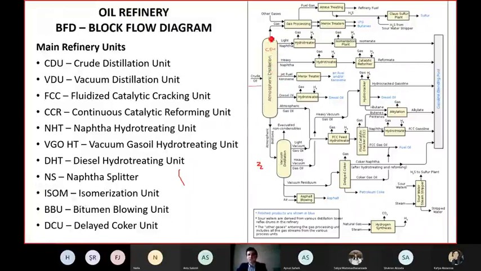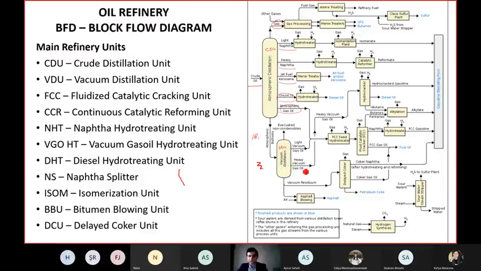And then from CDU, we produce the main products: gas, naphtha, kerosene, diesel oil, and atmospheric gas oil. Then the atmospheric residue, which we call AR, is sent to the vacuum distillation unit, VDU, which we talked about last session as well, but we couldn't finish it.